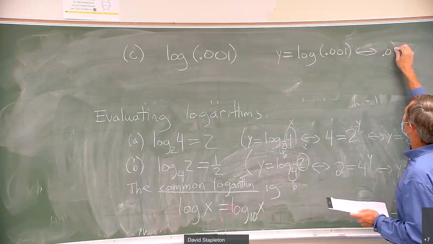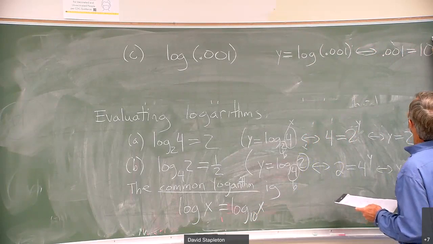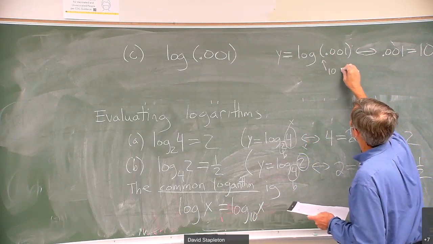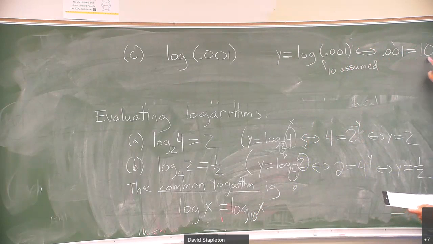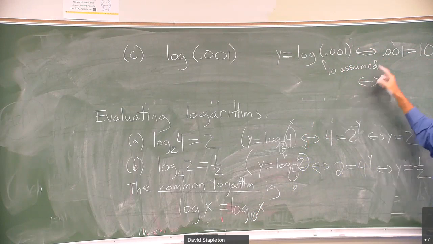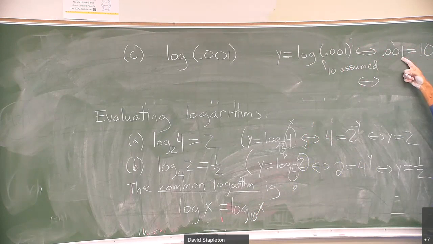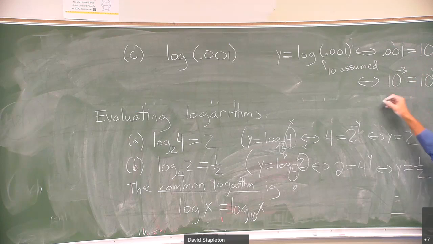Equivalently, this is 0.001 equals 10 to the y, because the 10 is assumed. What's the solution to that? Here's the trick on these. If you have a number here, in order to solve this by hand, you need to write this as a power of 10 to match this side. 0.001 is 10 to the minus 3, right? Write both sides as a power of 10. Now I answer clearly that y is negative 3. That's what it's all about. Write both sides as a power.